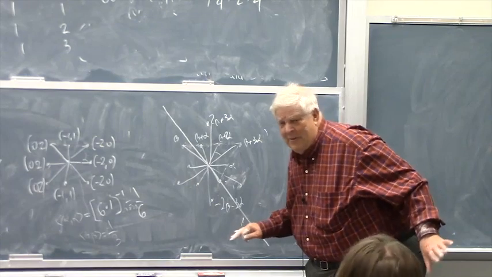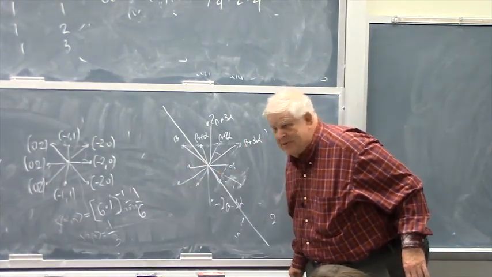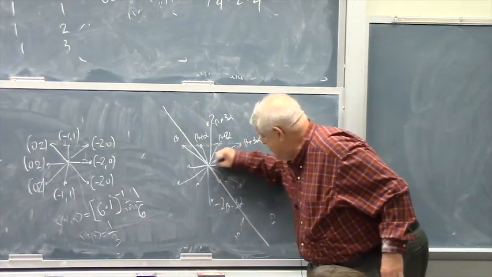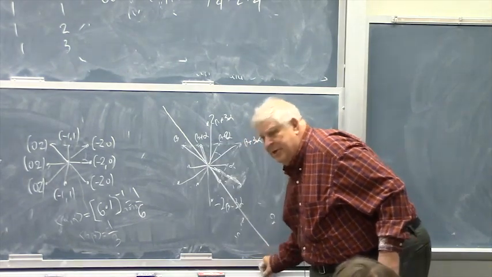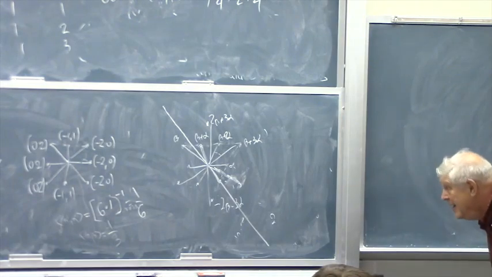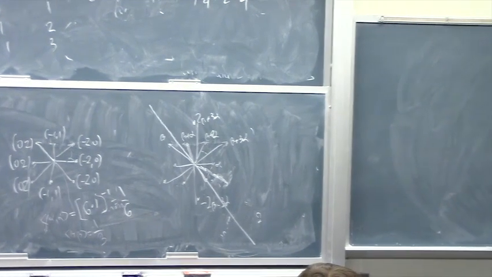Then, very arbitrarily, take this positive, this negative. Positive roots, negative roots. Simple positive roots are positive roots which are not sums of other positive roots. There are two simple positive roots in this picture, you see them.